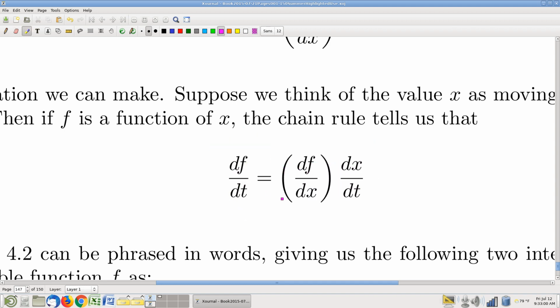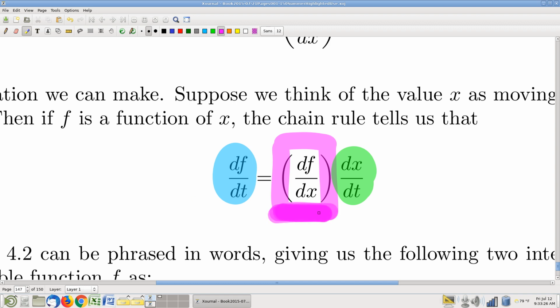Okay, but I want to interpret this again a little bit differently. Let's look at this derivative right here. We've got some function f whose input variable is x. And what this says is the rate of change of the input variable and the rate of change of the output variable are related by the derivative of that function.